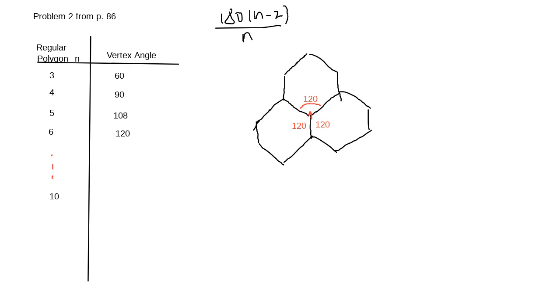If you do a 10, 180 times 8 over 10, what does that come out to? 180 times 10 minus 2, so that's 8, 180 times 8, and then divided by 10, it's 144.